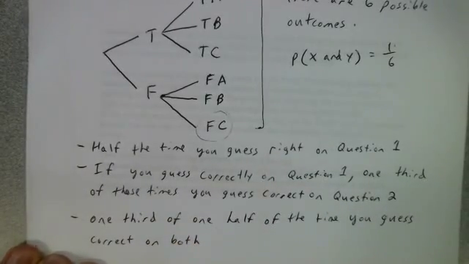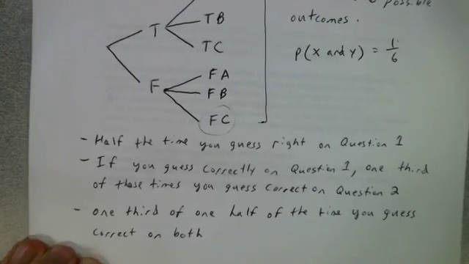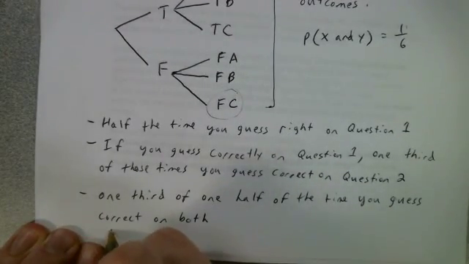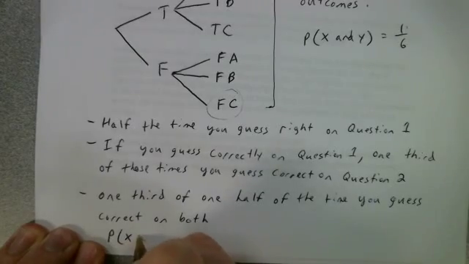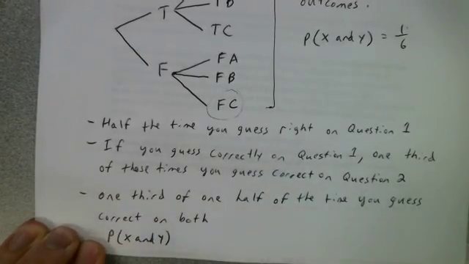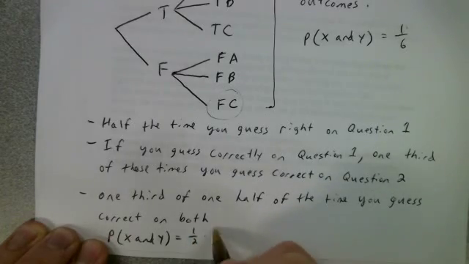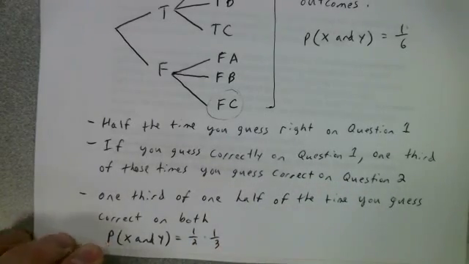Well, 1/3 of 1/2 is 1/6. So the probability of guessing correct on both questions is 1/3 of 1/2. In other words, it's 1/2 times 1/3.